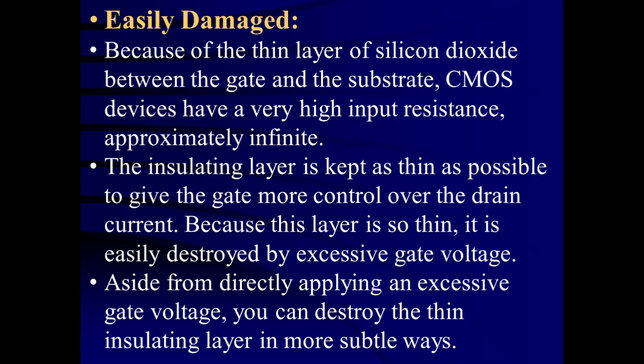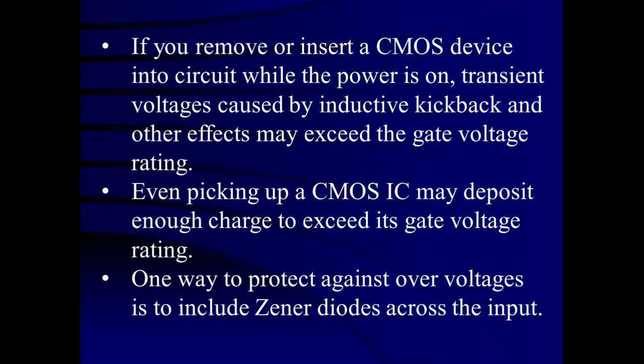Aside from directly applying an excessive gate voltage, you can destroy the thin insulating layer in a more subtle way. If you remove or insert a CMOS device into the circuit while the power supply is on, the transient voltage caused by inductive kickback and other effects may exceed the gate voltage rating.